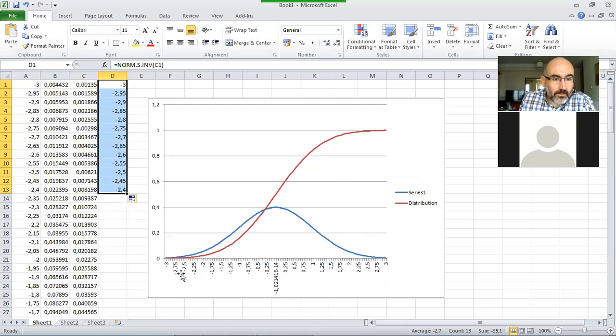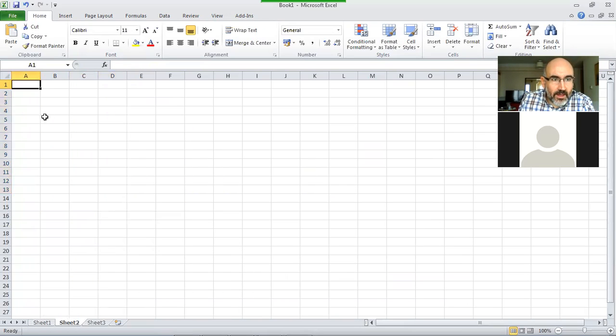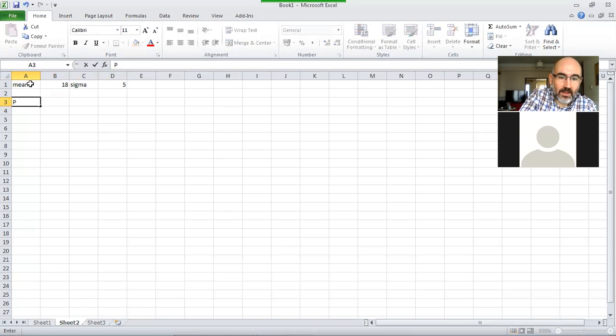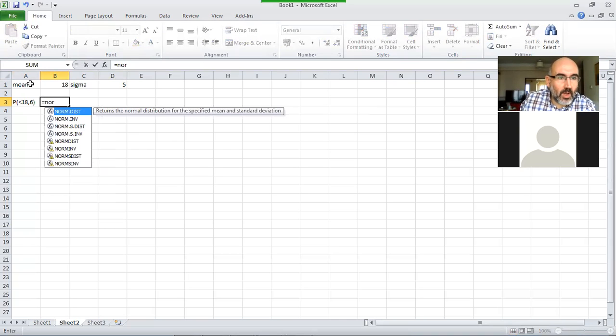Referring back to our slides, we had a case where the mean was 18 and the sigma was 5. If we want to find the probability that the download time will be less than 18.6, we can use the norm.dist function.